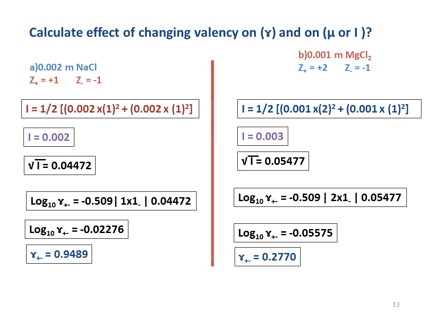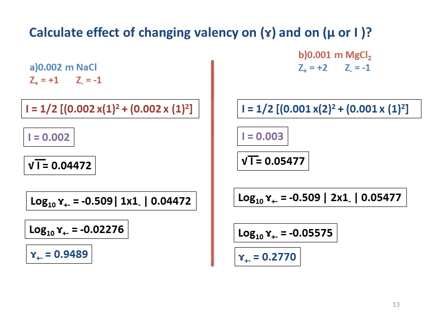Here valency is increased and concentration is decreased. Putting the values, we see that for univalent the ionic strength is 0.002, and for bivalent it will be 0.003. So when valency is increased, the ionic strength is increased.